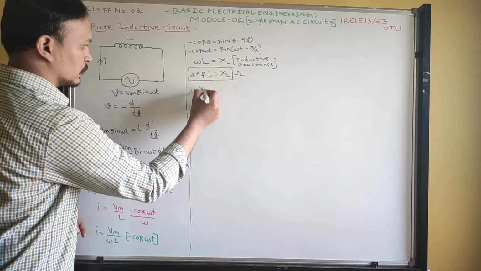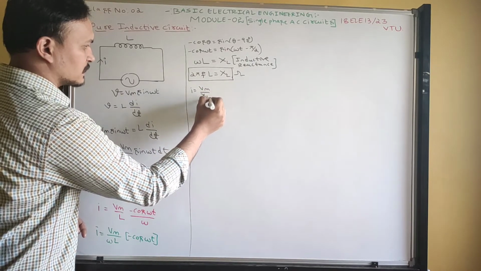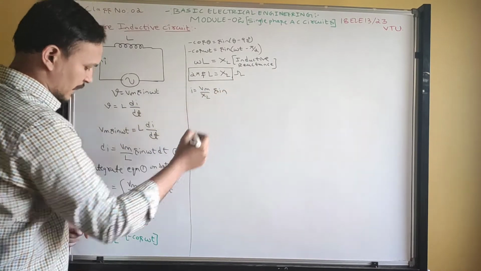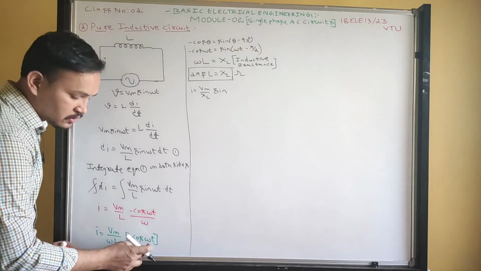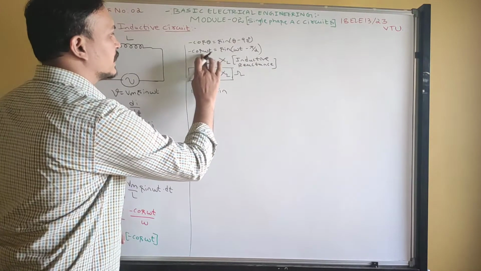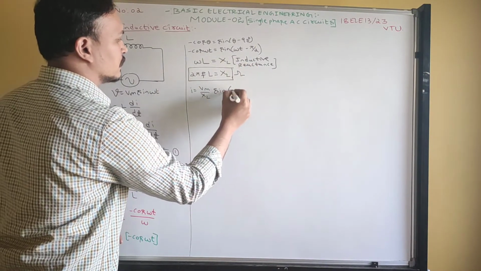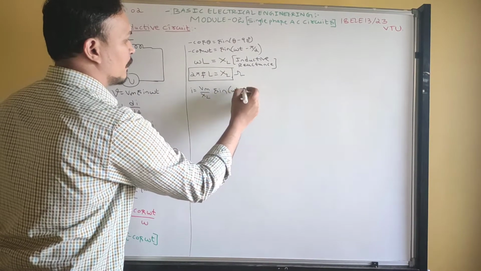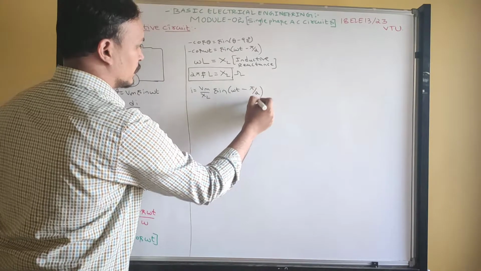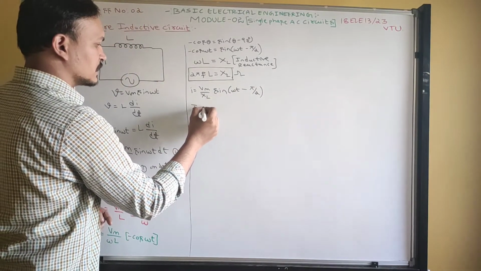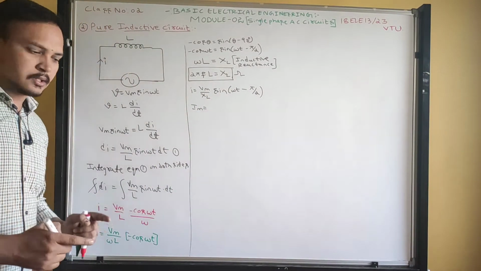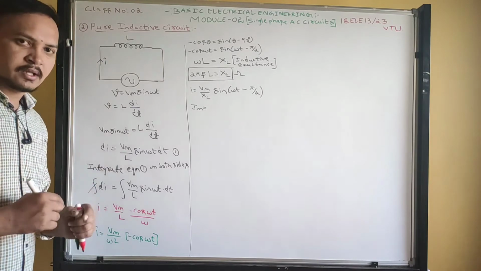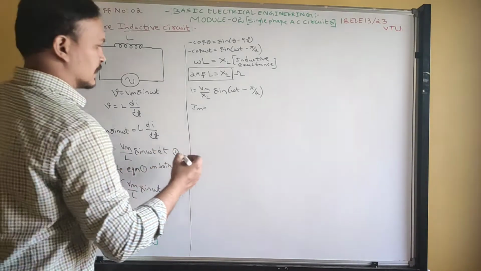Therefore now I am modifying the next step. I is equal to Vm by XL into sin of omega t minus pi by 2. Now, what is the maximum current? You have to represent the current equation in terms of the instantaneous equation, in standard form.